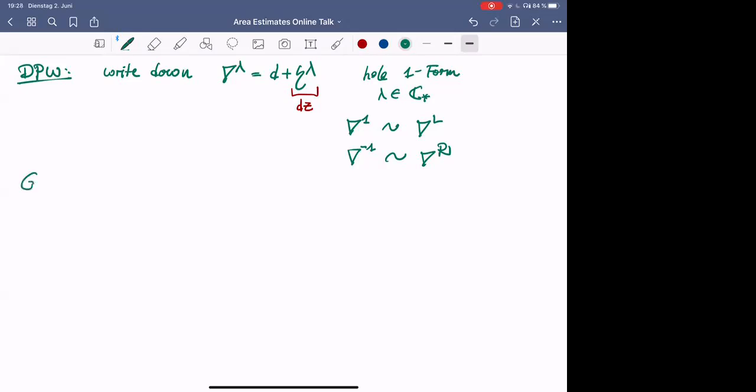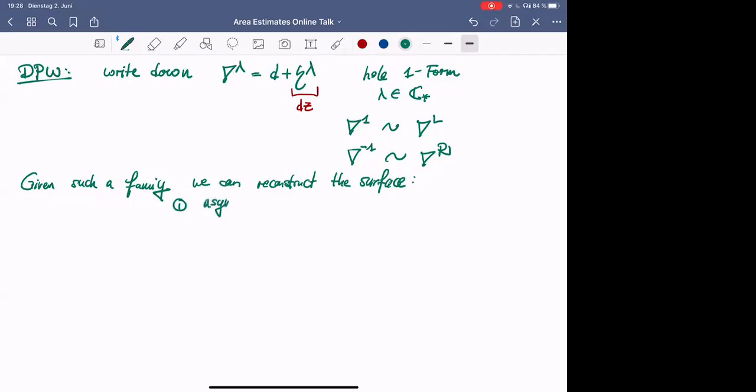And given such a family, a C star family of flat connections, we can reconstruct the surface by requiring three properties.